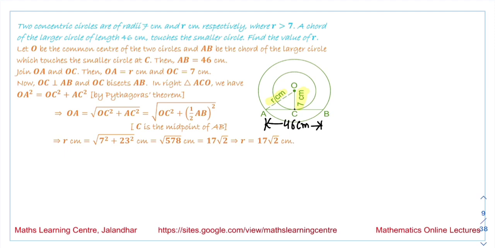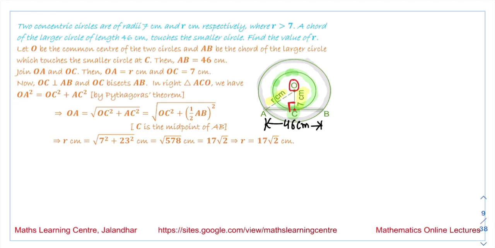Now again, if we look at this larger circle over here, for this circle AB is the chord and C is the midpoint, because this is the perpendicular. We are talking about the point O, which is the center, and for the smaller circle this touches at point C. So this angle over here is 90 degrees.